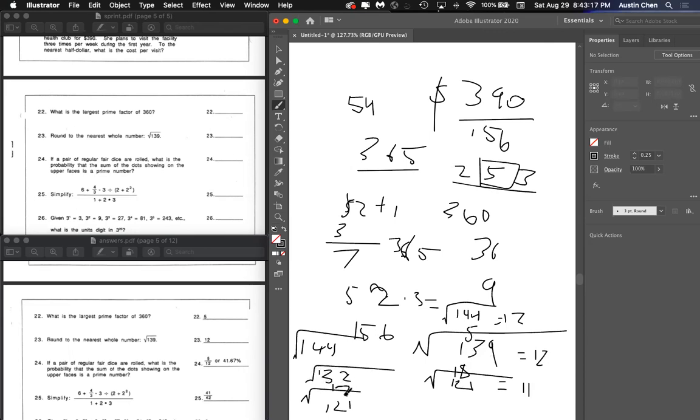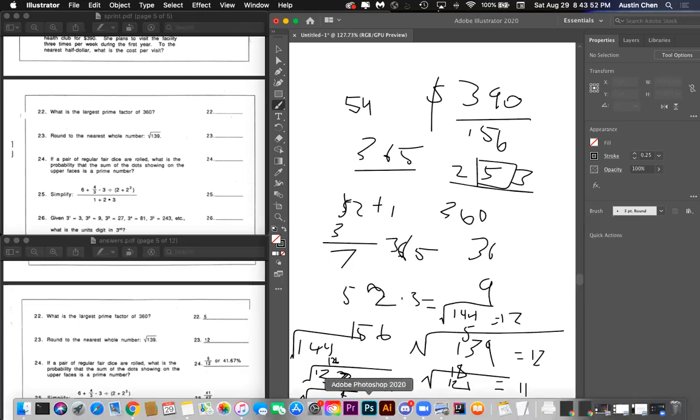This is 11 from 121, and this is 12 from 144.